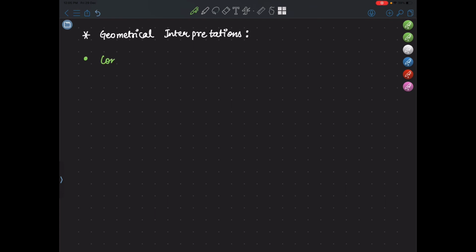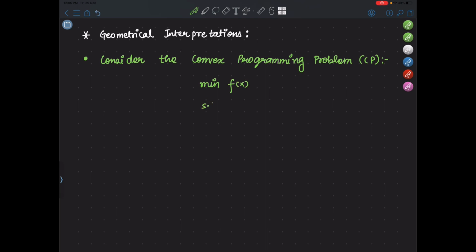So consider the convex programming problem given as follows, where you minimize f(x) over x subject to the constraint x belongs to set C, where f is differentiable.